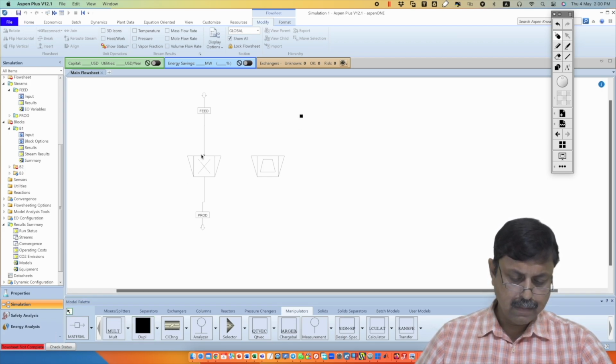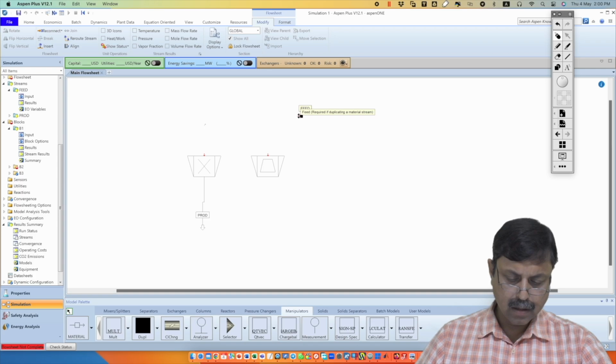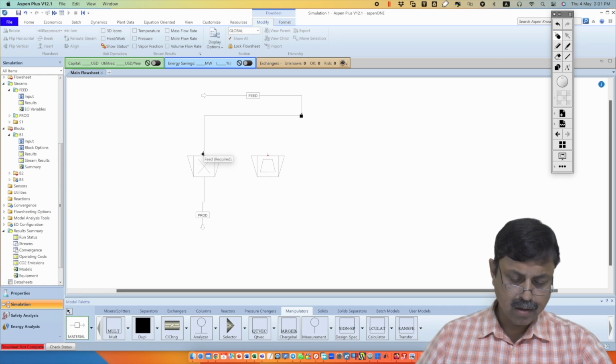And we may reconnect it to this one, and then this material stream comes over here as before, and another material stream may come over here, and this is the product stream of the second crusher.